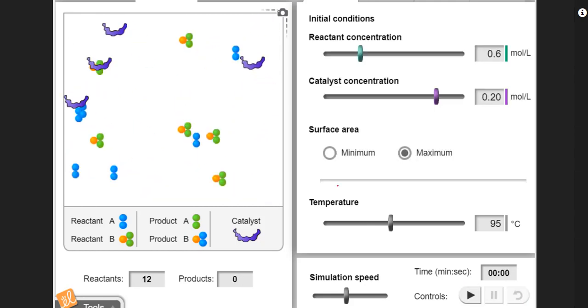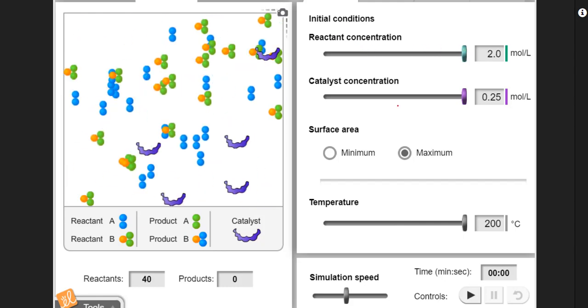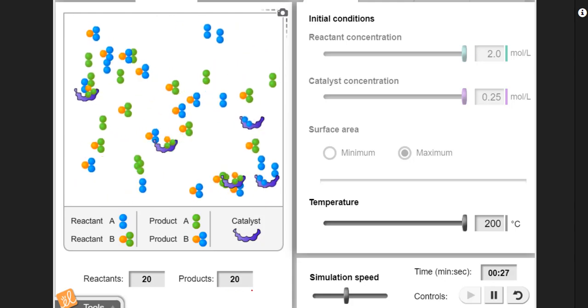Let's see that again, because that was kind of cool. We can do multiple things. We can increase the concentration, we can increase the temperature, and we can maximize the reactant concentration and catalyst, and watch how many products are formed.